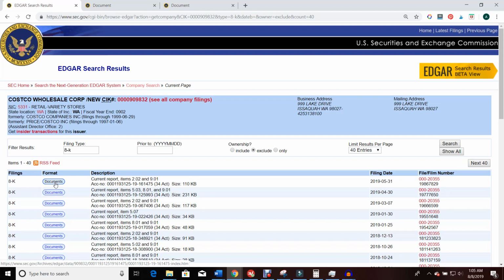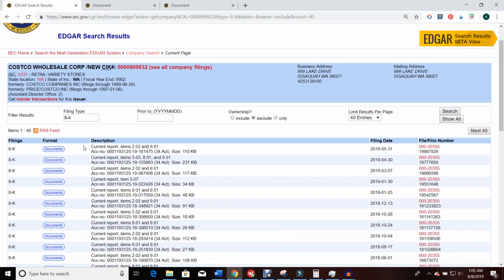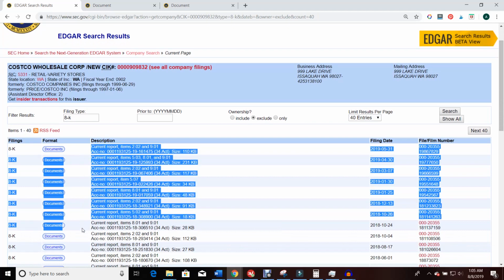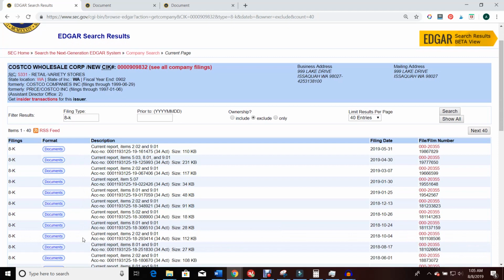All of this information will be kept in the 8K. And as you can see, companies file 8Ks all the time. Now, not every 8K is going to have game-changing news, but it's still news nonetheless.